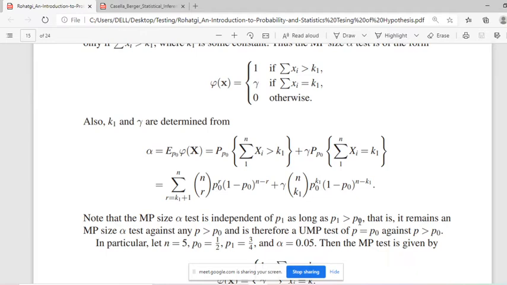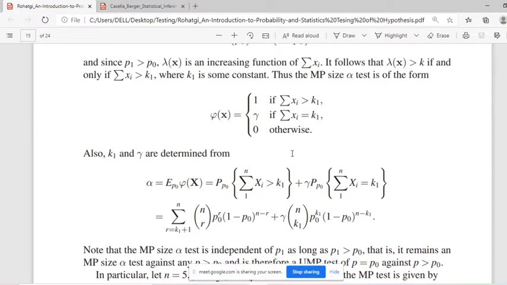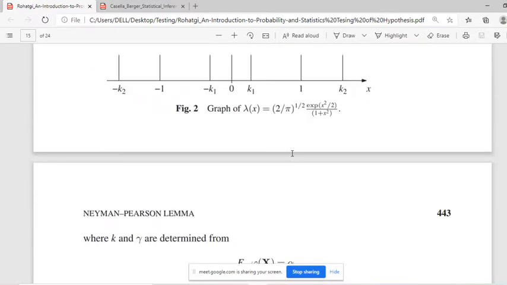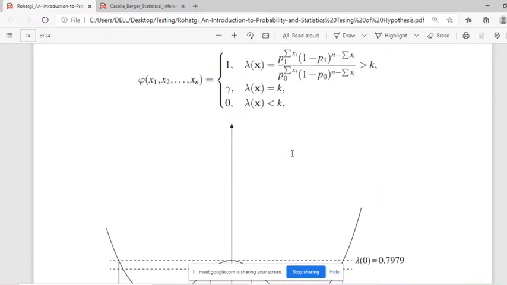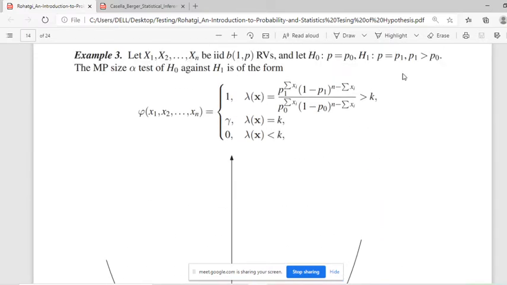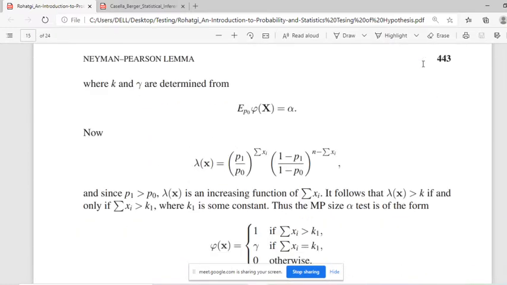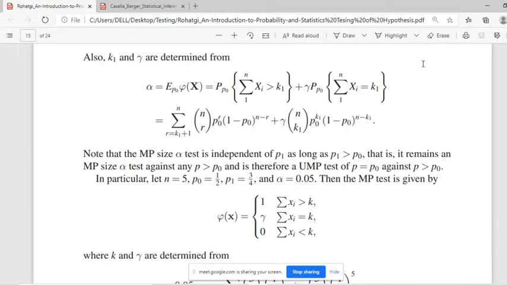But we know that p1 is greater than p0. So instead of saying H1 is p equal to p1, we can say that H1 is any p value such that p1 is greater than p0. So we need not restrict to a particular value. We can say the alternate hypothesis holds for p equal to p1 for any p1 greater than p0. So that means it is uniformly most powerful.